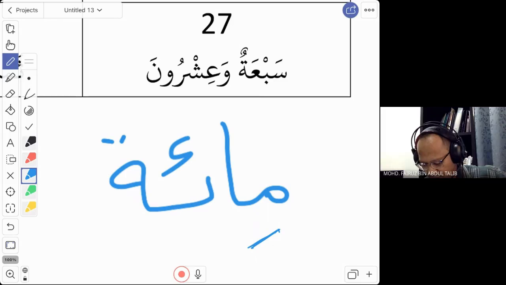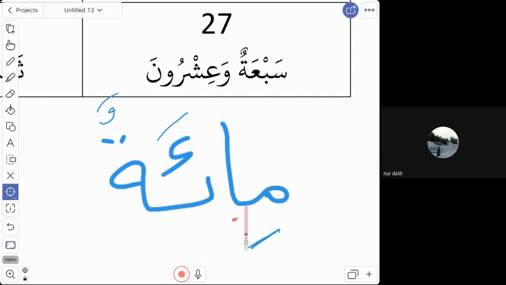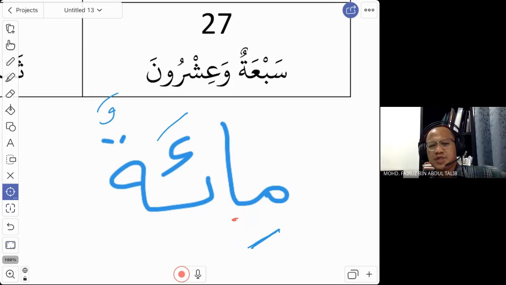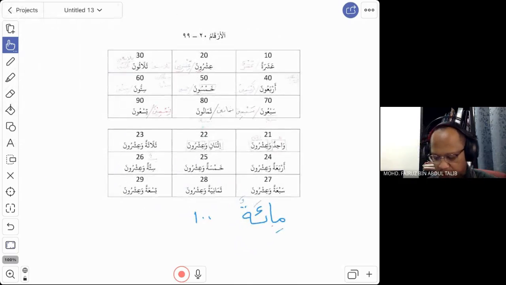You just ignore the alif and continue with the rest of the letters. Mi'ah, mi'atun. Yes. Don't say ma'atun, say mi'atun. So this is how to say 100. Done with the topic al-arqam, the numbers.